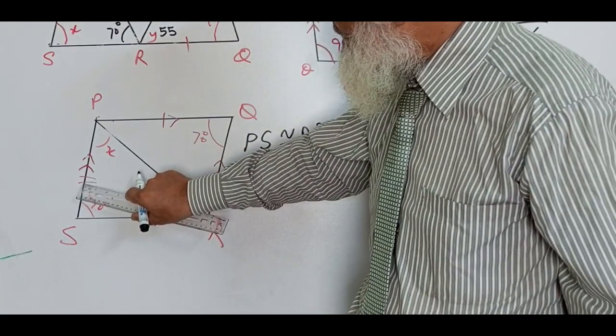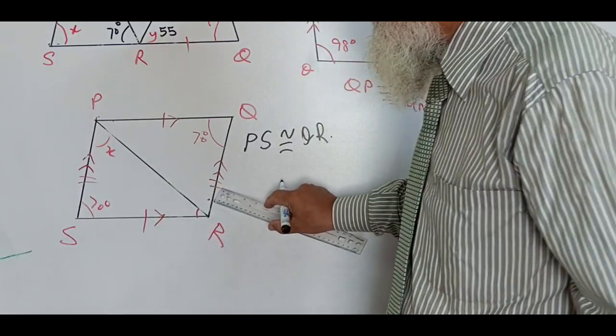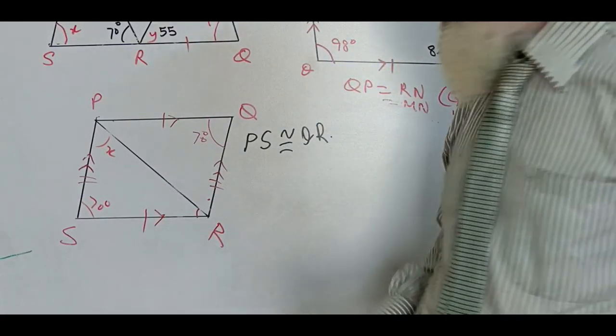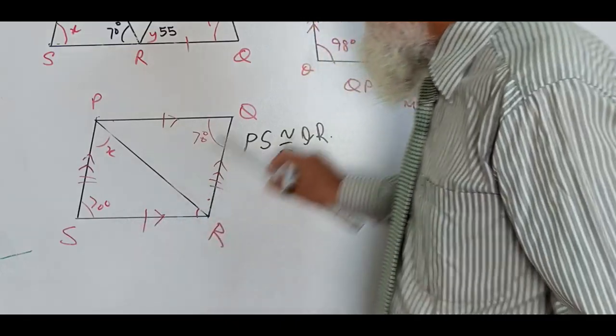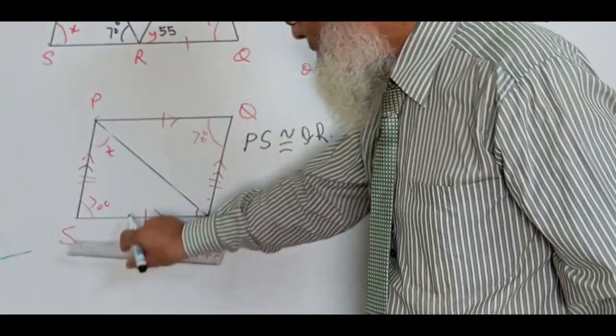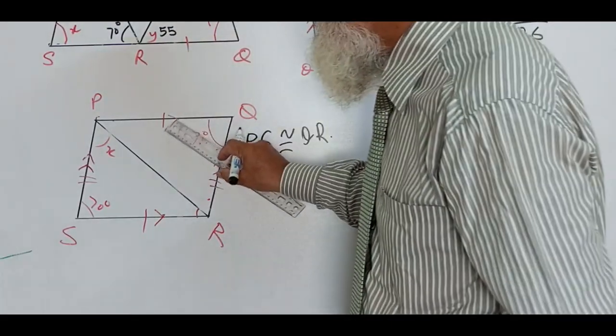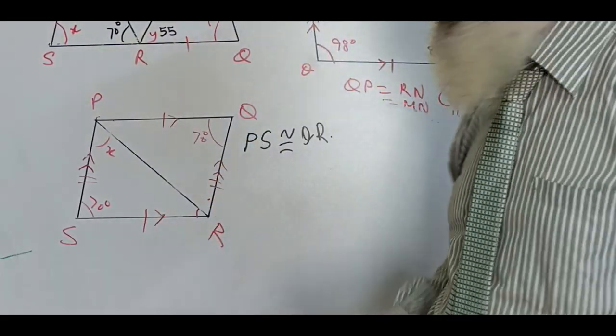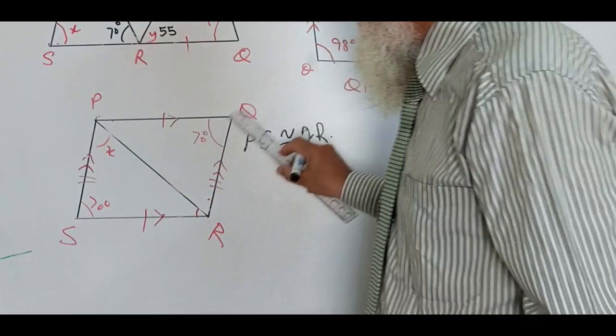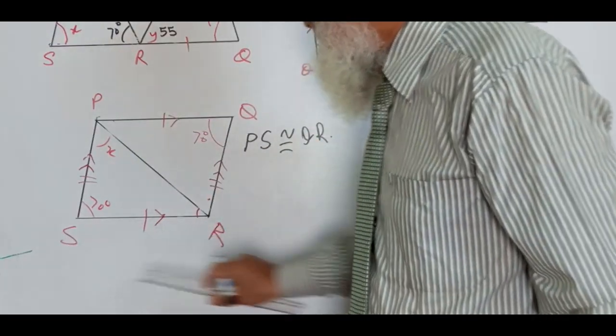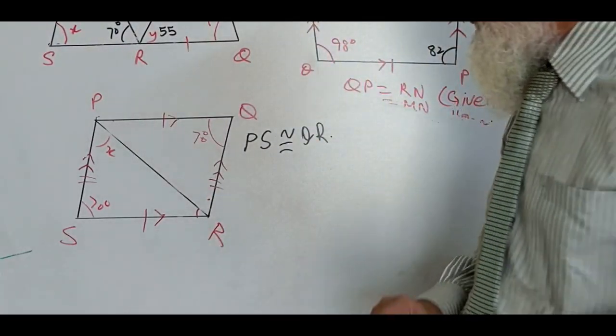Well, we know that these two lines indicate that PS is equal in length with QR. Similarly, these two arrowheads indicate that PQ is also parallel to SR.